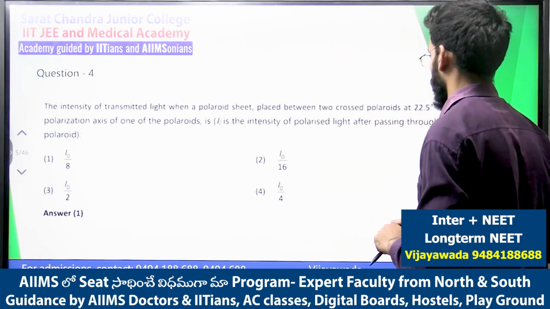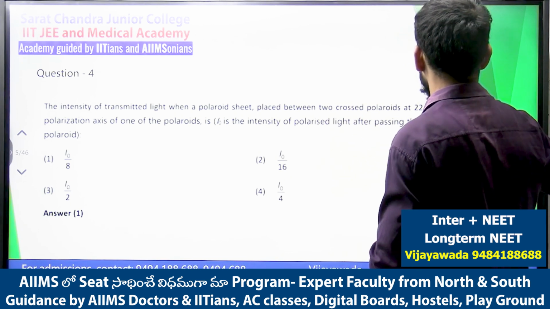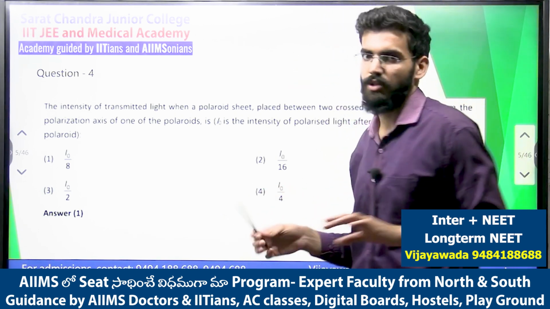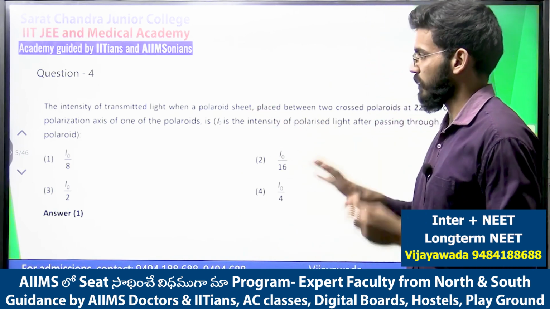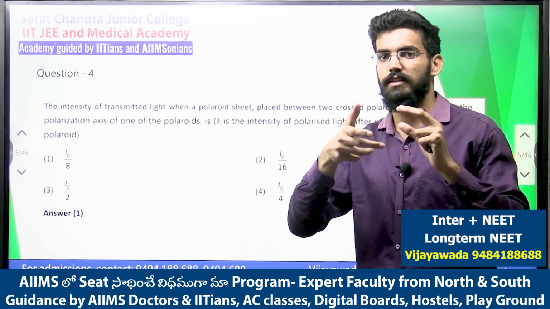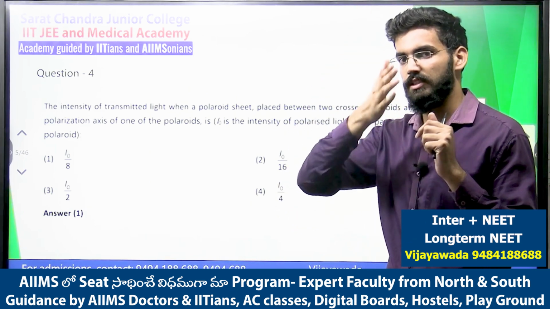Okay, so he is saying I naught is the intensity of the polarized light after passing through the first polaroid. See, some of the students may not have understood the question. He is saying two polaroids are there, placed at 90 degrees with each other, and then in between them a sheet is placed.